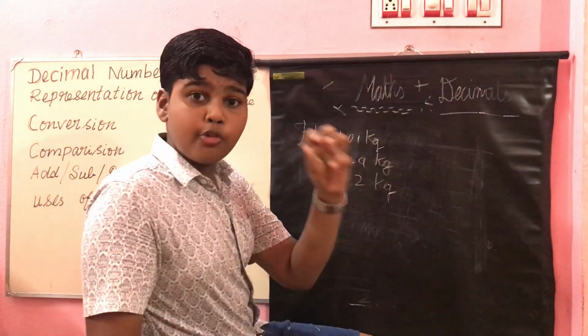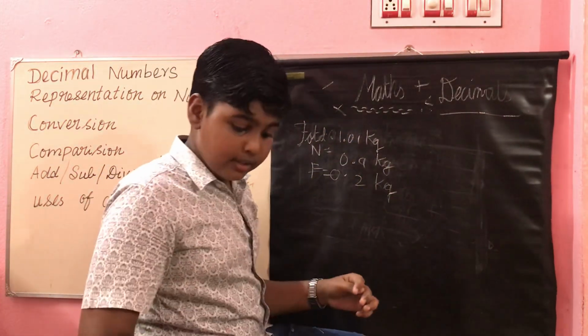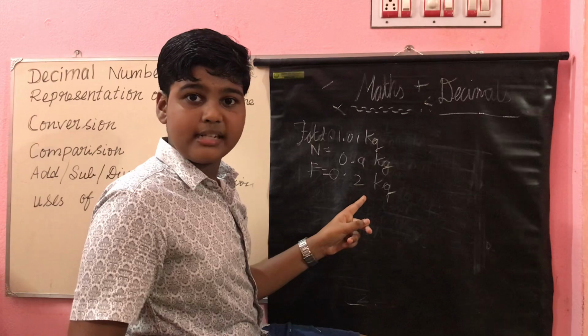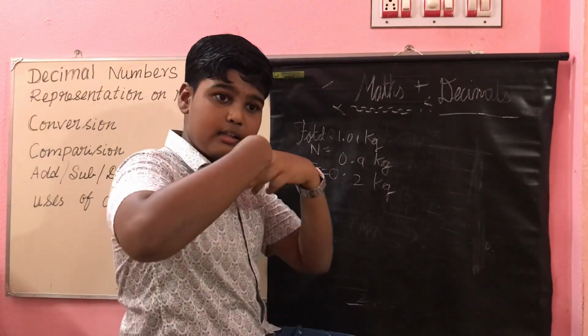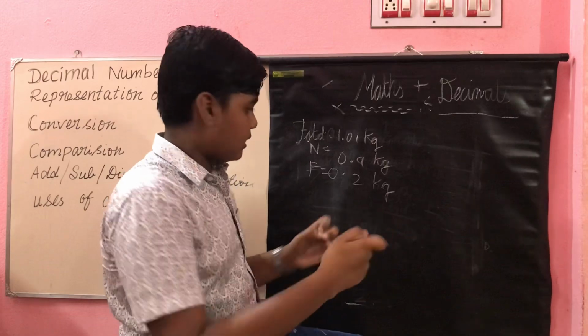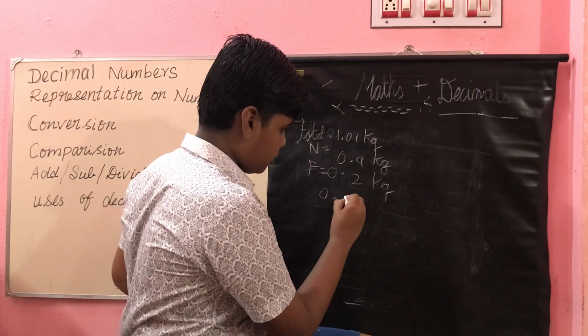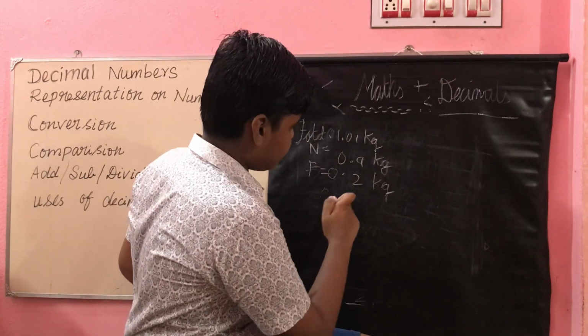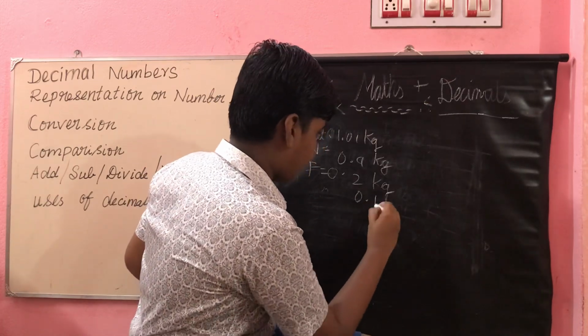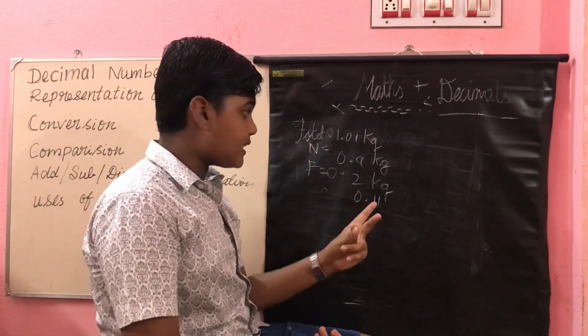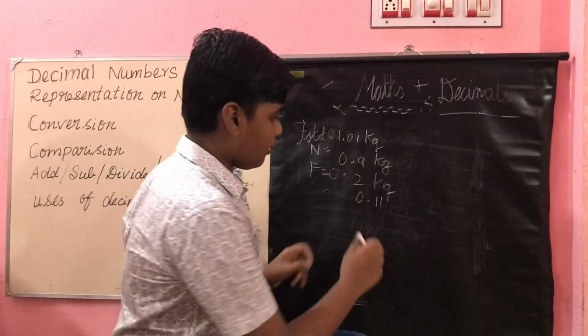To find this, we need to just add these both. Can you understand? We need to add these both. Then only will we know how much he has. So 0.2 plus. We can do it directly. With direct addition we get 0.11. With this answer we need to subtract from 1.01.